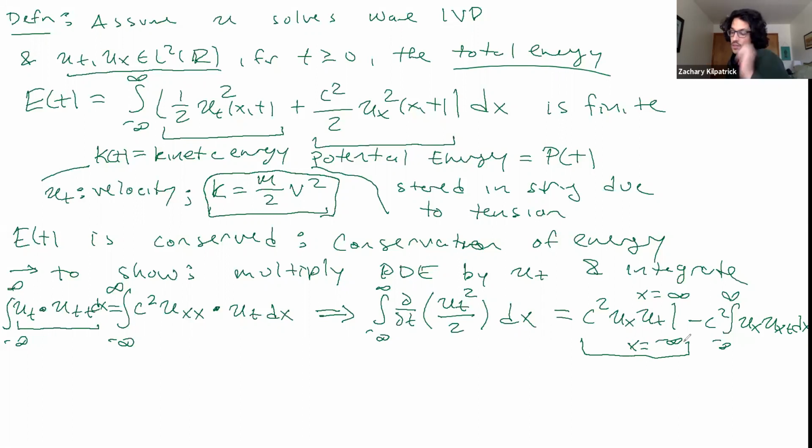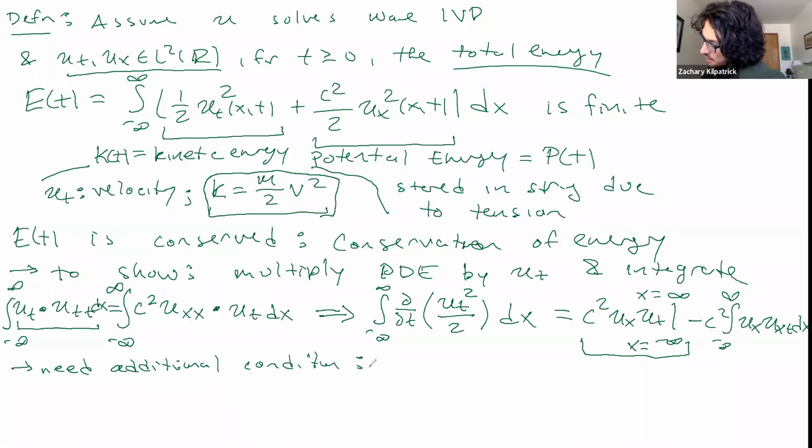So essentially at this point, I need an additional condition, and that's essentially that u has compact support. Otherwise, I have this additional constant floating around.